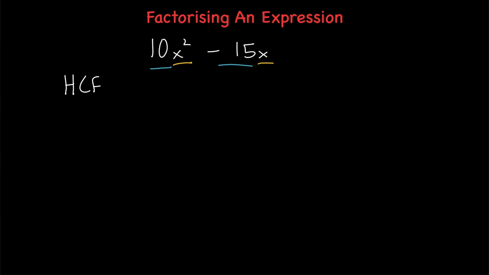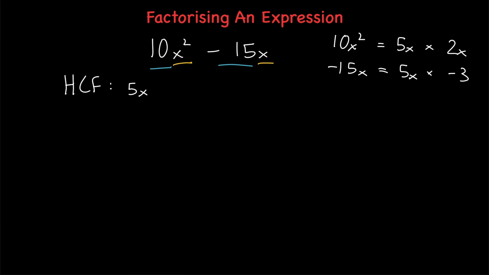And so then our highest common factor in this case is 5x, because 10x squared is equal to 5x times 2x, and minus 15x equals 5x times minus 3.